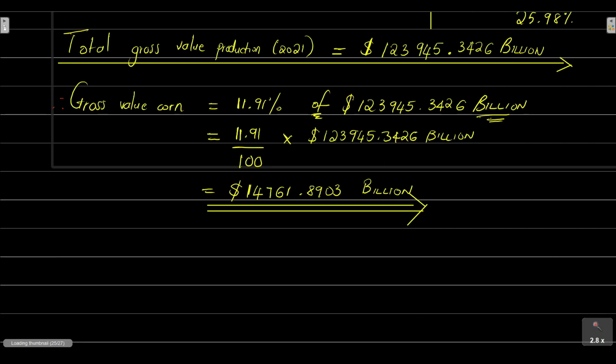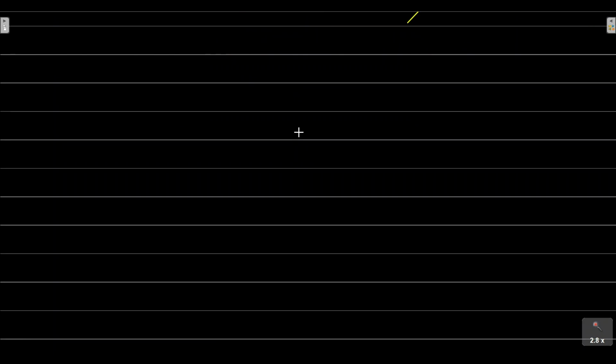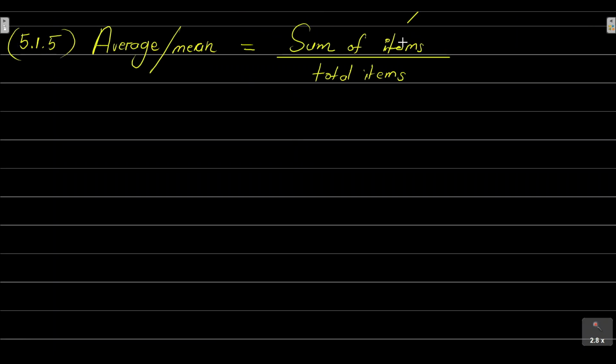Here you need to know the formula we use when calculating the average. To get the average, or the mean, it is equal to the sum of all the items divided by how many items we have in the list.